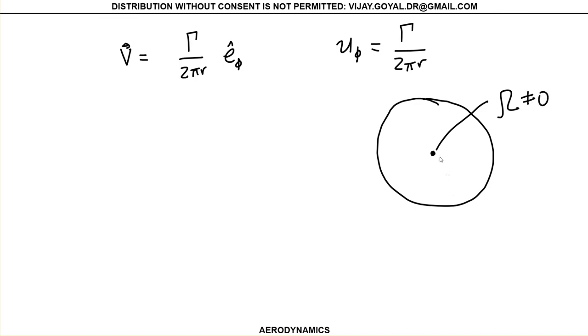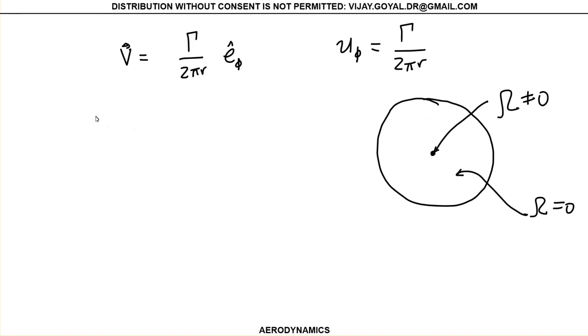Your vorticity is not 0, or it can be 0, right? If this is 0, then your velocity will be 0. Here your flow is irrotational, so the vorticity will be 0, but not at this location right in the middle.